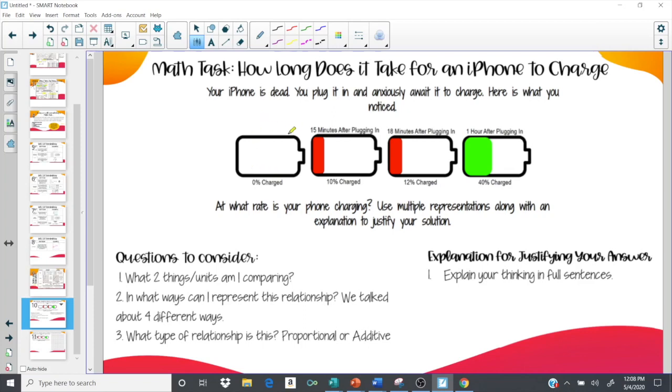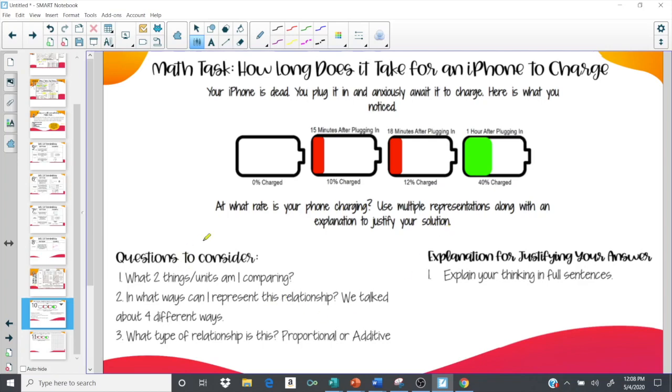So at 0 minutes charged, you see nothing, you have 0% charged. 15 minutes after plugging in, you have 10% charged. 18 minutes after plugging in, you have 12% charged. 1 hour after plugging in, you have 40% charged. At what rate is your phone charging? Use multiple representations along with an explanation to justify your solution.